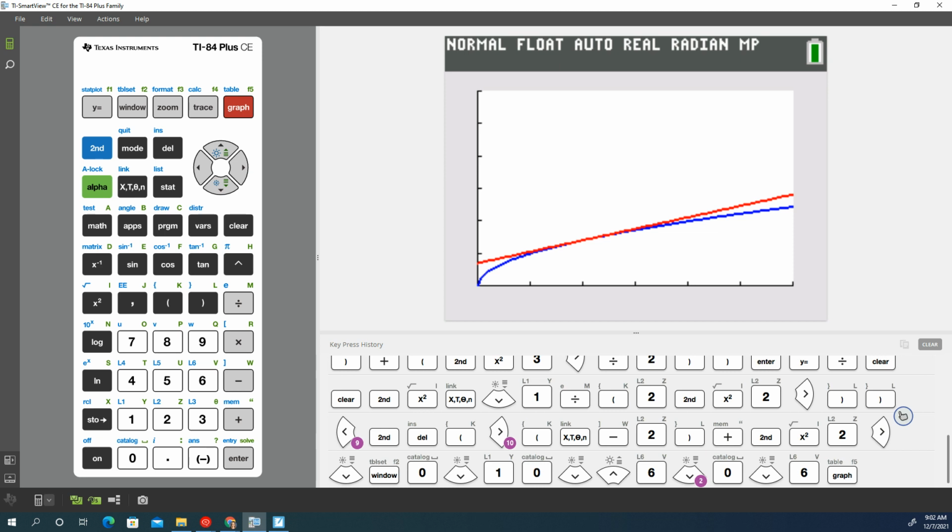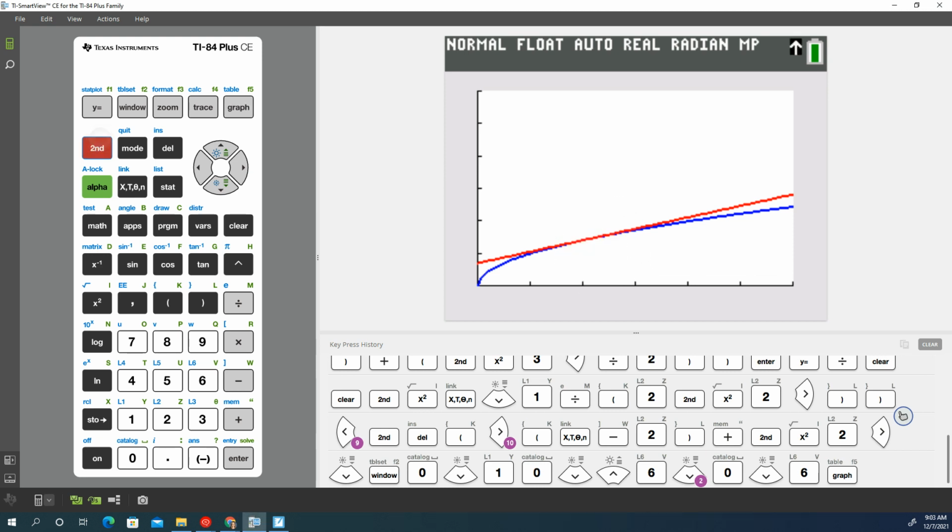Those all mean the same thing. At 2, 2 root 2 would be the point on that curve. So what we're going to do is estimate points around here, on the tangent line or linearization and on the actual curve, and see how close they are, and why this whole concept works.